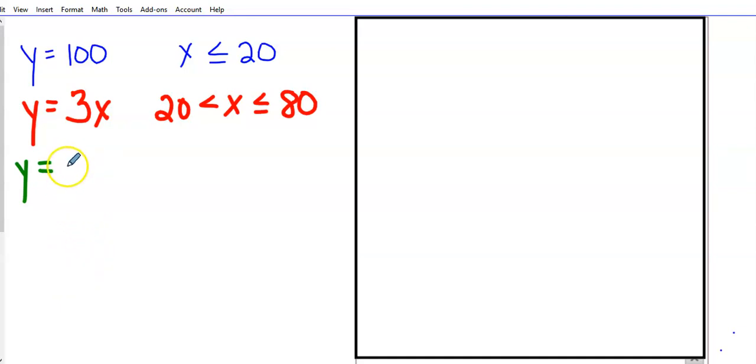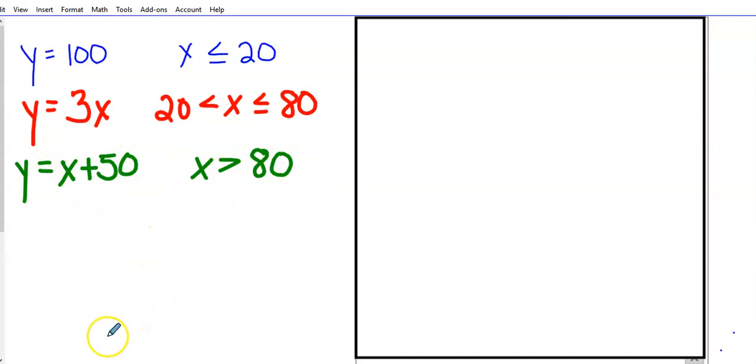That would still be linear: $1 per mile is 1x, plus the $50 that I charge up front for me to hitch up my trailer. And that would be if x was greater than 80 miles. So anything over 80 miles, I would charge $1 a mile plus $50.